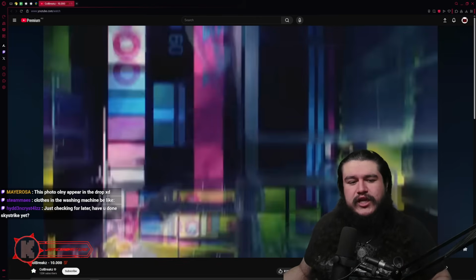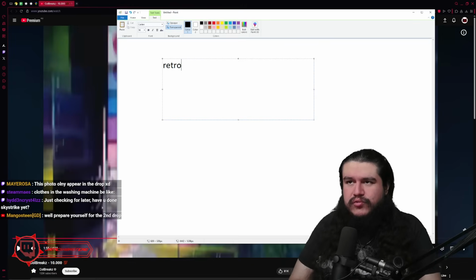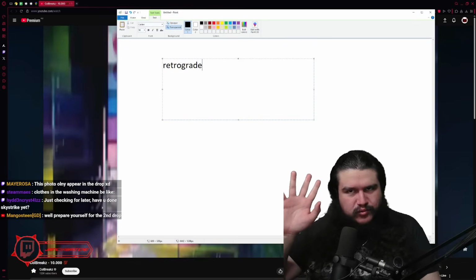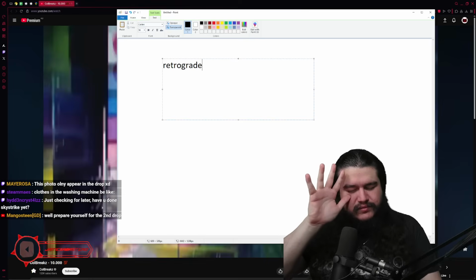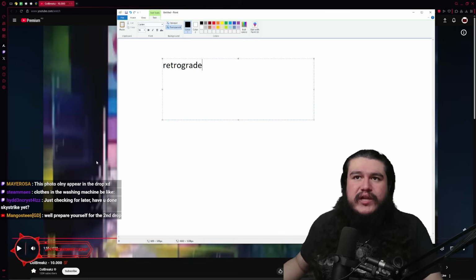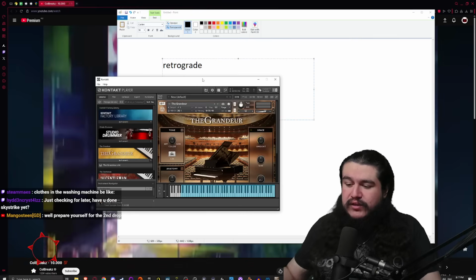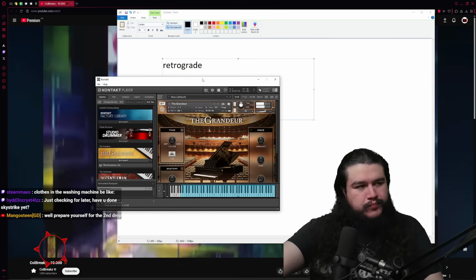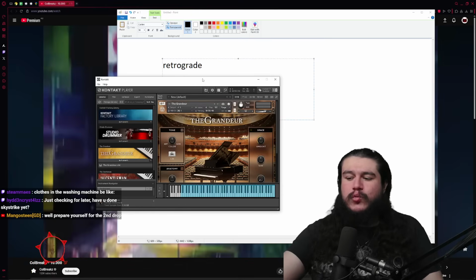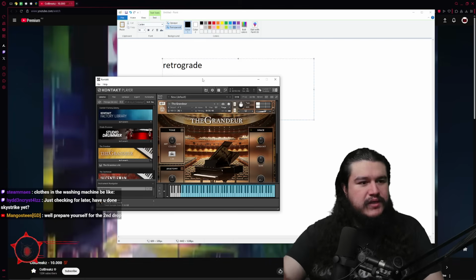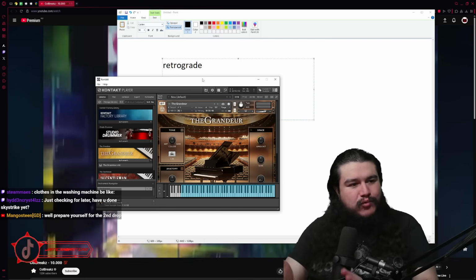A retrograde is another way that you can develop your material. Retrograde is when you play something backwards. So if we were to play something like this, we have something like that, a retrograde. It would be playing those notes backwards.